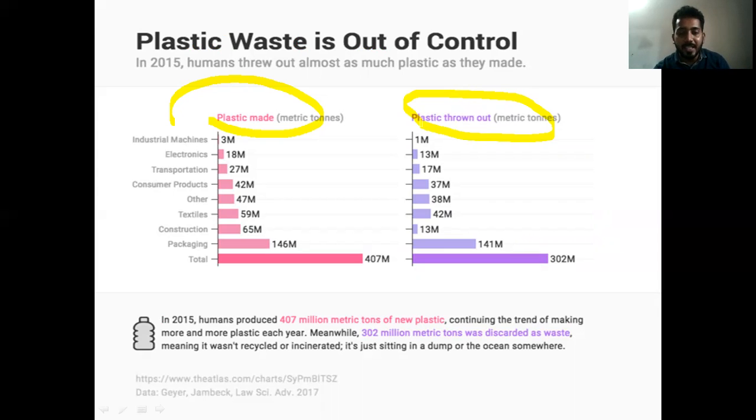And on the right side we have numerical data regarding the metric tons of plastic thrown out in our surroundings by humans, like 1 metric ton, 13 metric tons, like that.